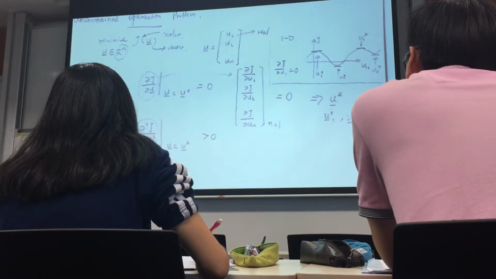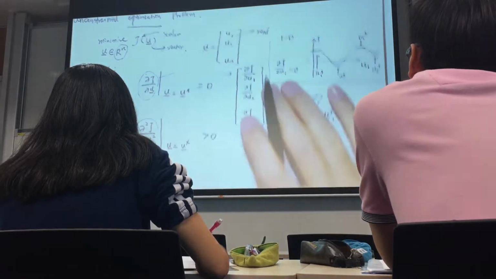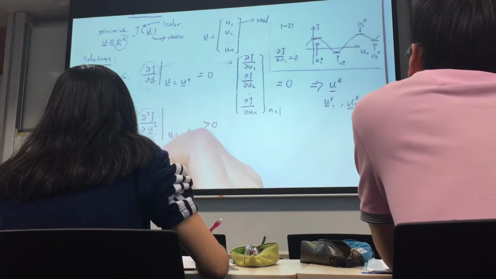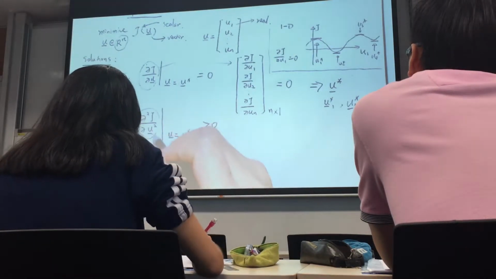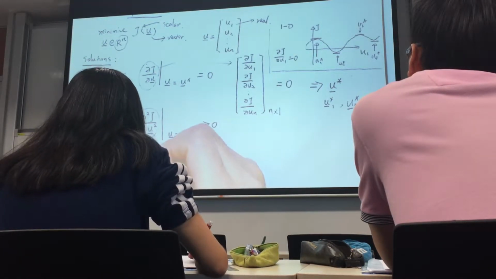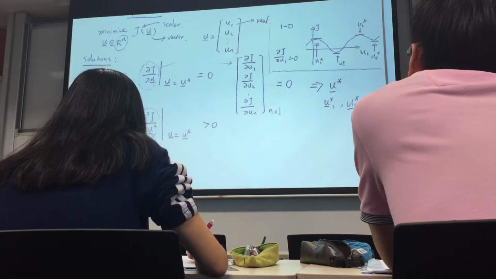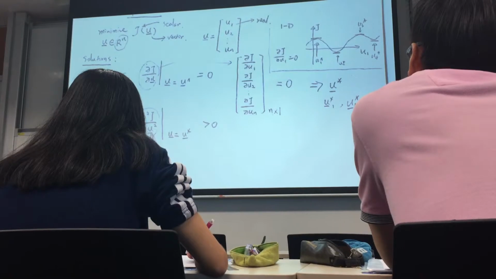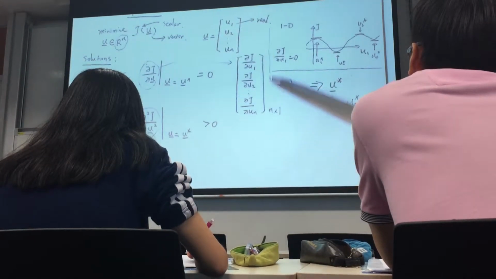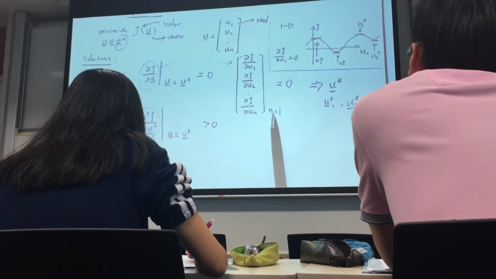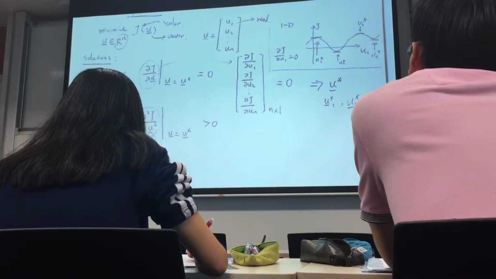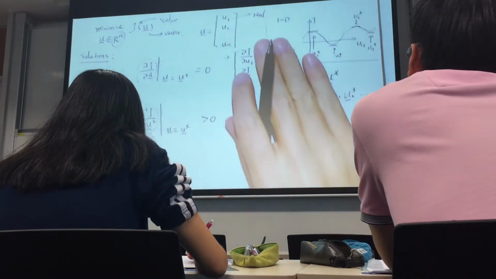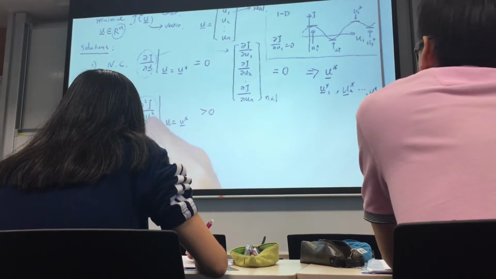In this case, you will get a matrix. You can expect this matrix will be an n by n matrix, because u has n dimensions, and the second derivative has n dimensions as well.